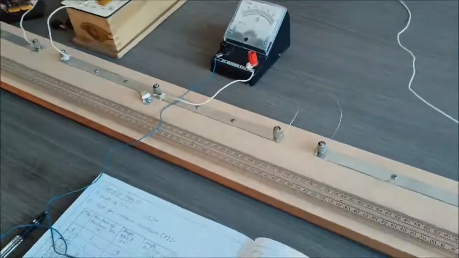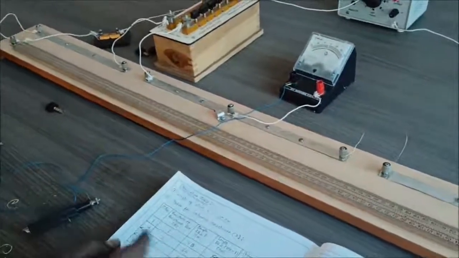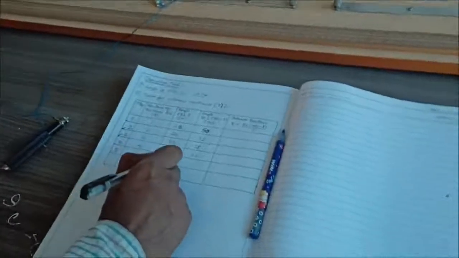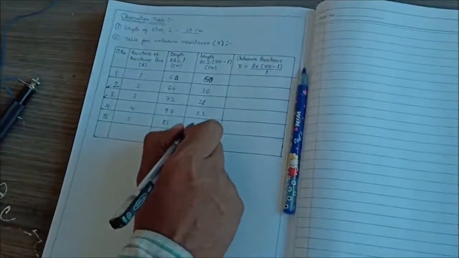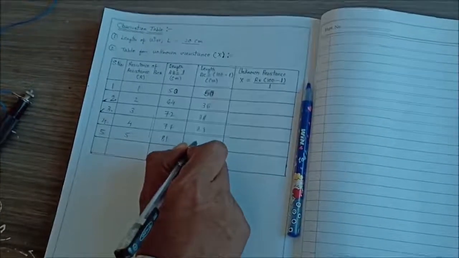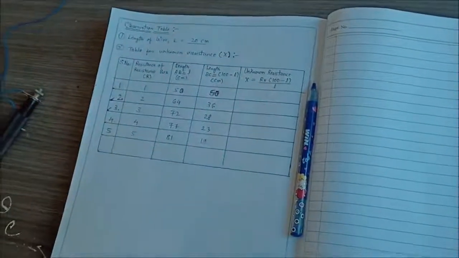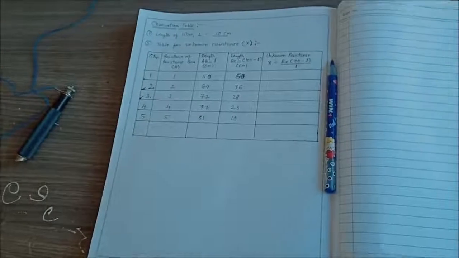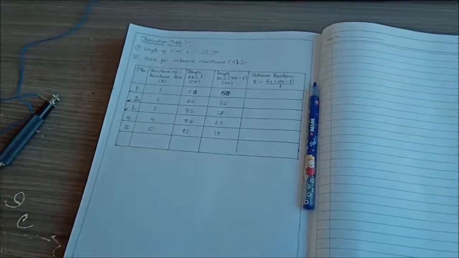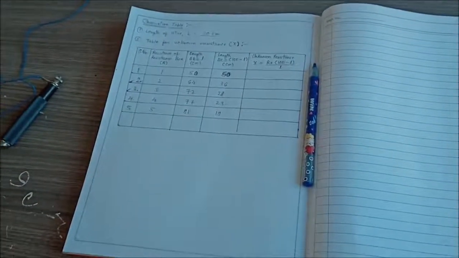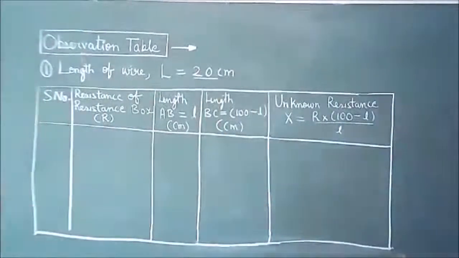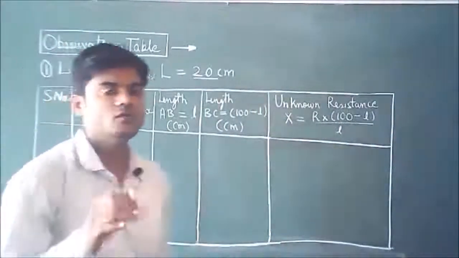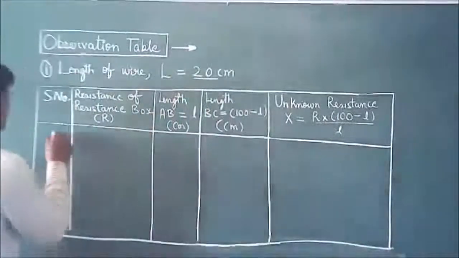So the last reading is 5 ohm, at which I got the null point at 81. 100 minus 81 is 19. This is the reading. Now let us go for the calculation part on the green board. So this was our observation table, and we have taken 5 readings.